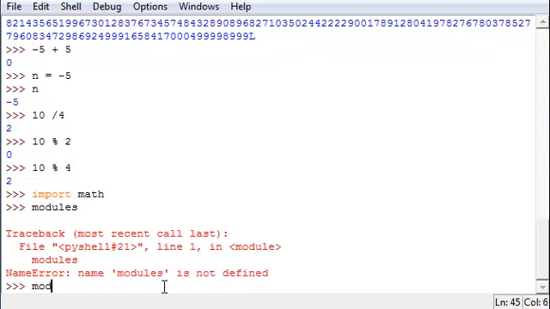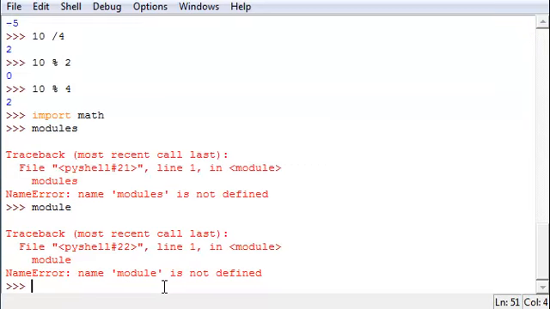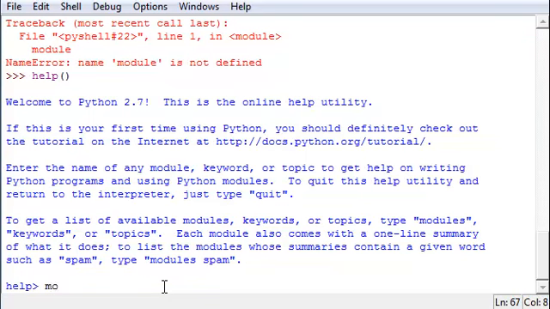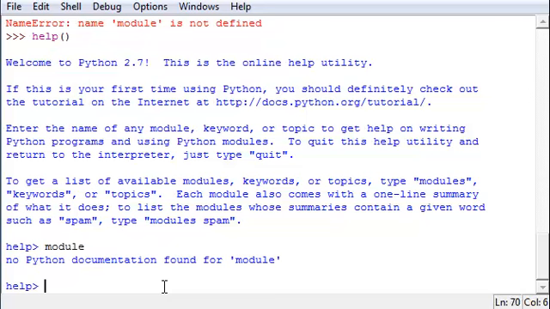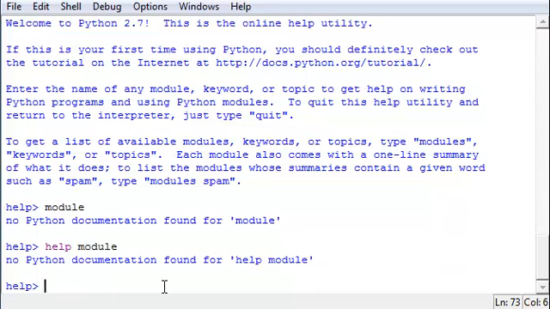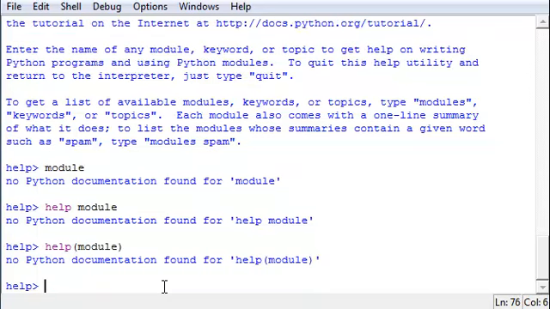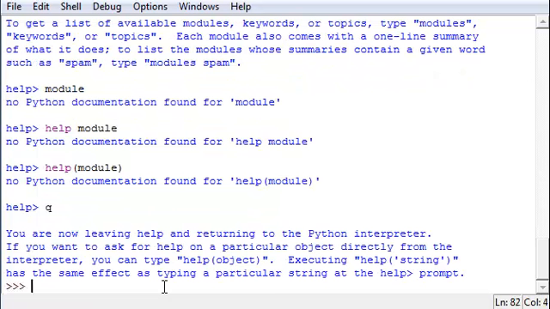I think actually you can type in help, and I think it's module. Help module. Well, anyways, there's somewhere you can find it, and you basically get all the modules that are installed on your computer, and you can just choose from there.